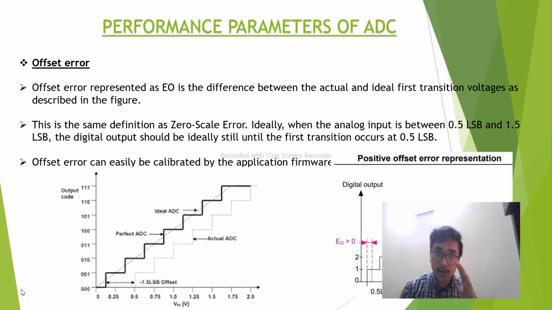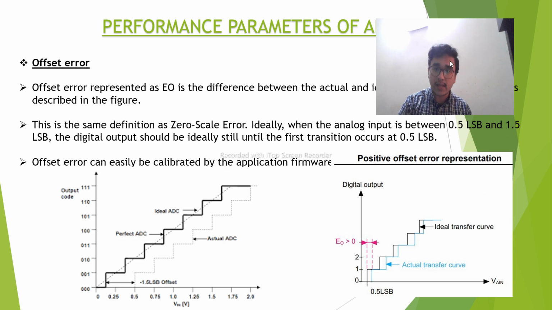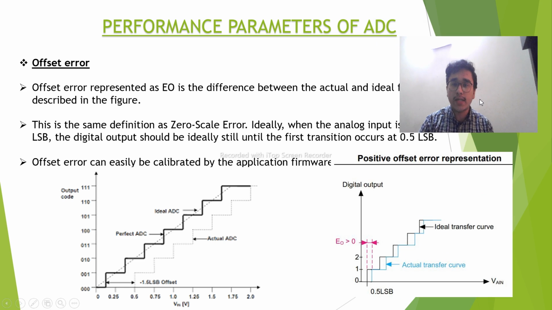Here in the offset error, the position of the staircase curve shifts either to the right or to the left, depending upon the type of ADC, due to technical issues like the manufacturing of the circuitry, or electrical glitches which can occur over here. So there are two offset errors: positive offset error and negative offset error.